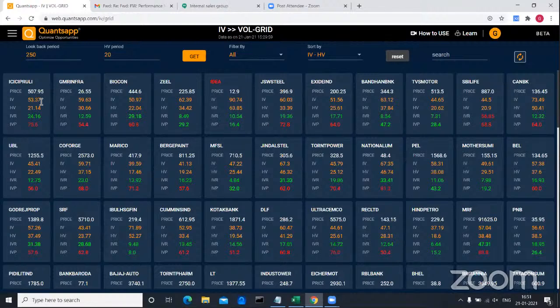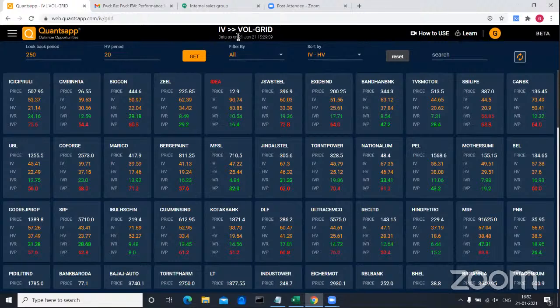As the implied volatility falls, your option prices also fall. So if volatility is increasing, you can say option premiums are also increasing. And we'll also see an example of why IV is so important with the help of what-if analysis.